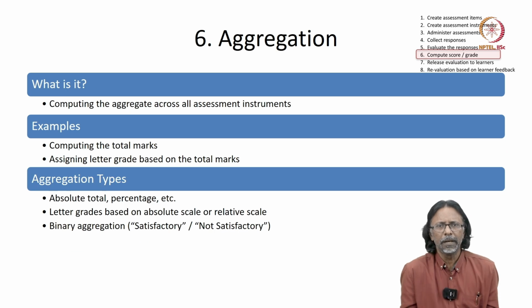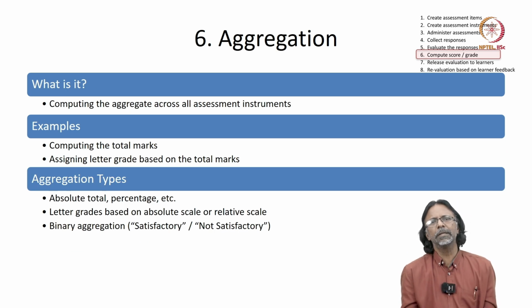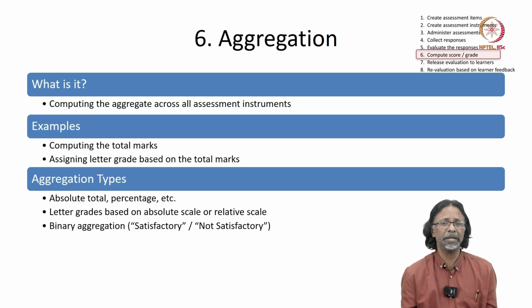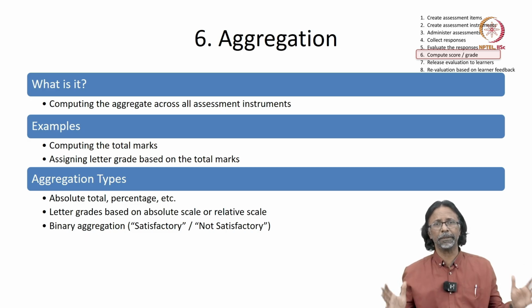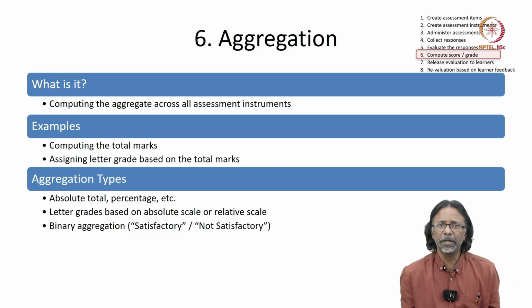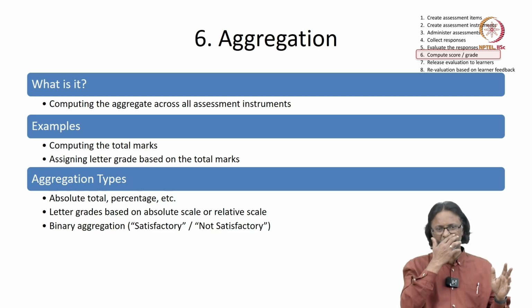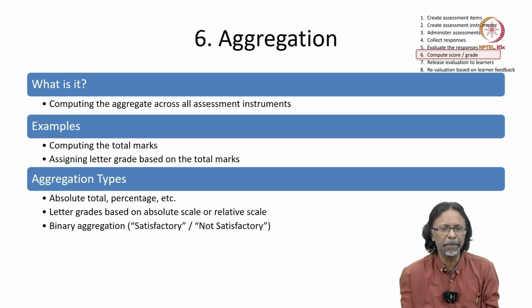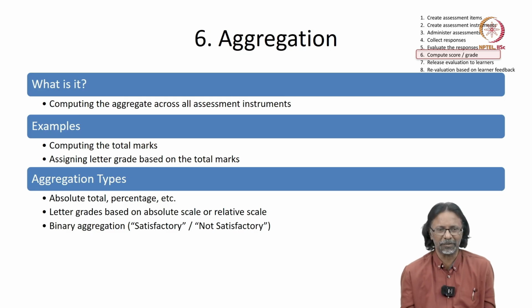Okay. Once these individual assessment items are evaluated, we need to be able to put them together, right? So how do you aggregate them across all the assessment items and assessment instruments for the whole class? The basic simple task is computing the total marks.